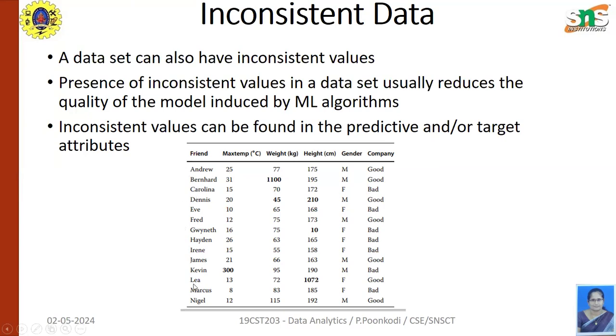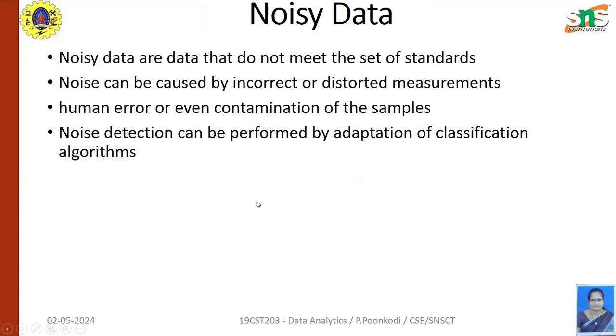For the maximum temperature, we already know what it should be, and here it is mentioned as 300. Likewise, weight has unusual values like 1100. Height is given as 210. Then 1072. The bolded entries are inconsistent data. They are not relevant to that particular attribute.